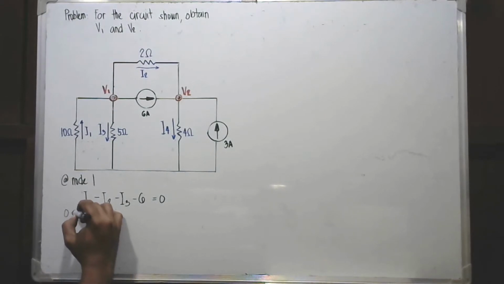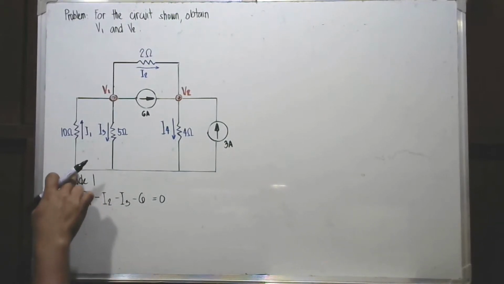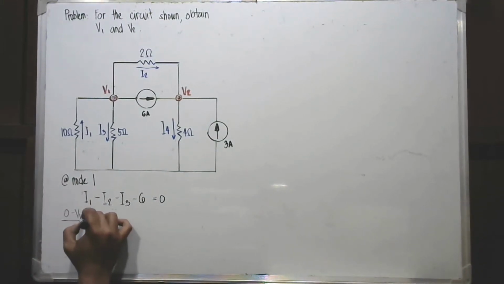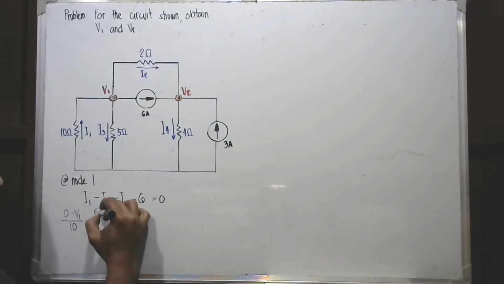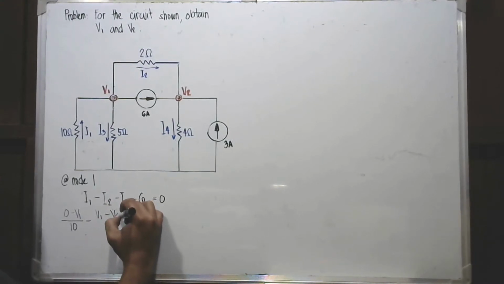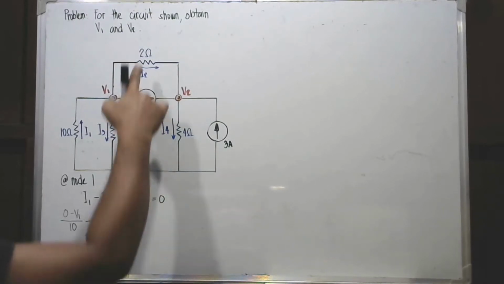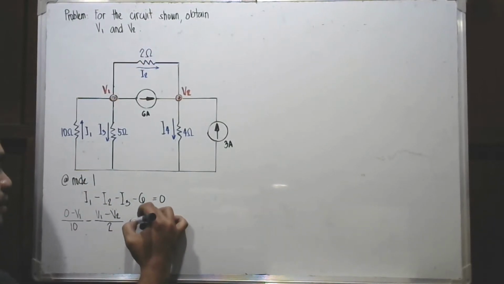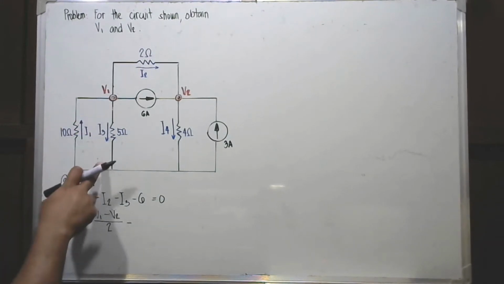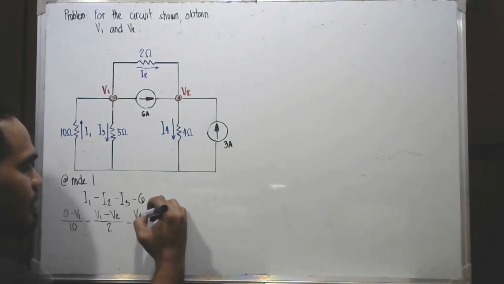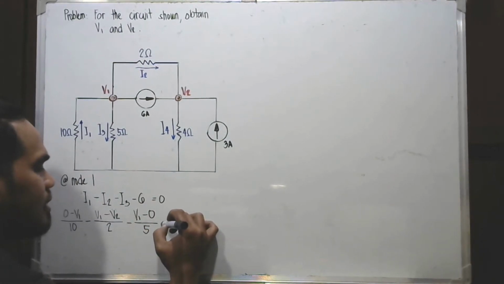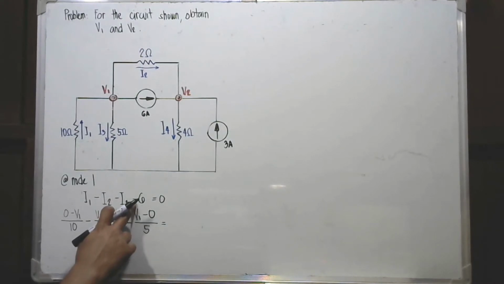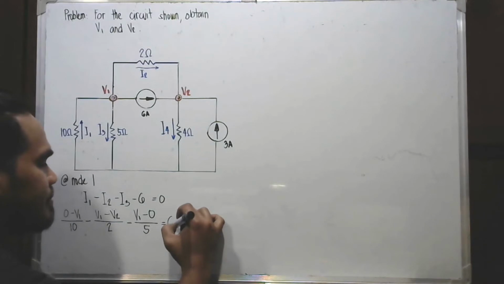So you have 0 minus V1, 0 because it is directly connected to the ground, divided by the resistance, which is 10, minus, for your I2, you have V1 minus V2 divided by the resistance, which is 2, minus, for your I3, you have V1 minus 0 all over the resistance, which is 5 ohms, is equal to, so transpose the constant number to the right hand side, so you have equal to 6.